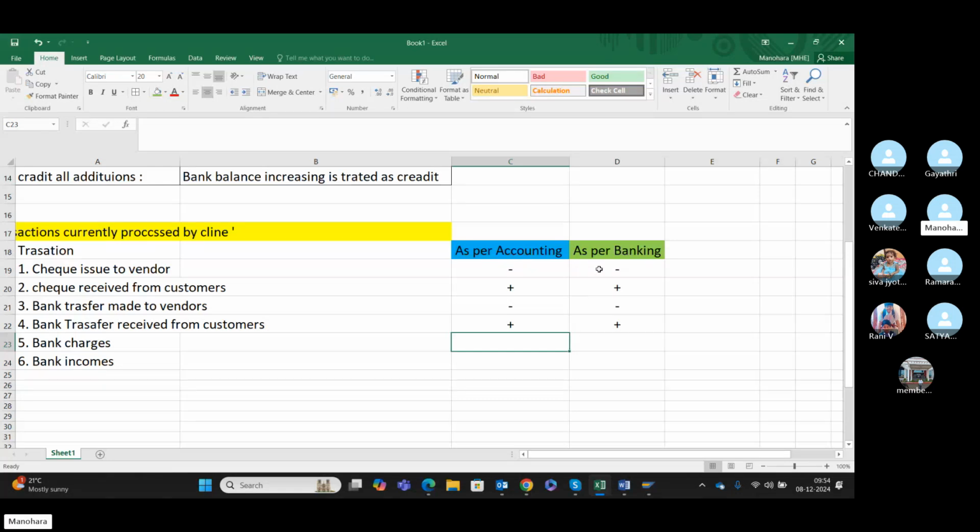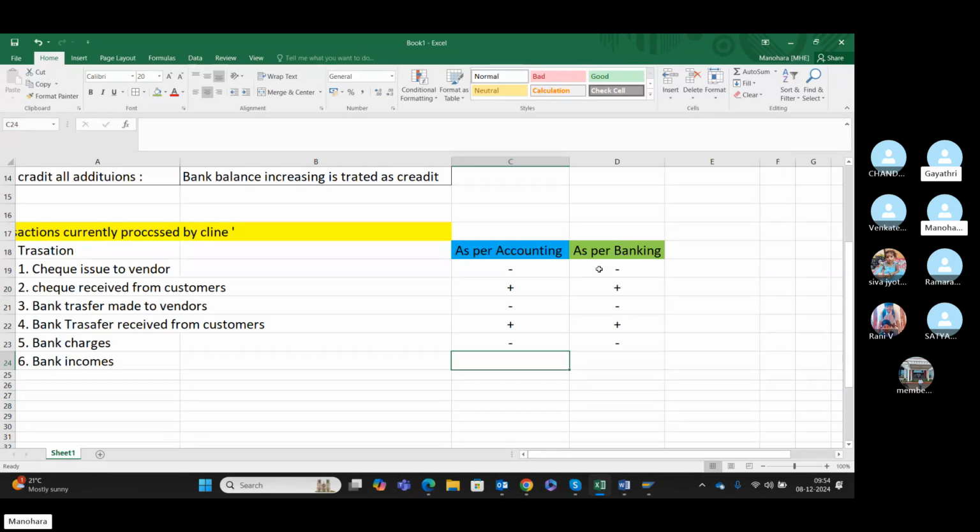So bank charges are happening. Are charges a positive amount or negative amount, bank charges as per accounting and as per banking? If you are getting any charges from the bank, is that a positive value or negative value? Negative value. Negative means minus. As per accounting, negative. As per banking also negative.